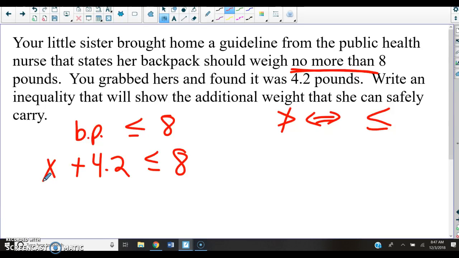And there you have an expression. x is the additional weight you can add. It's already 4.2. That's supposed to be less than or equal to 8. So if we subtract 4.2 from both sides, I believe you'll get 3.8. So she can carry up to 3.8 additional pounds.